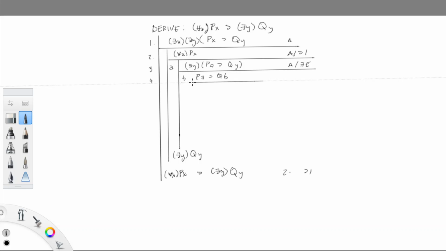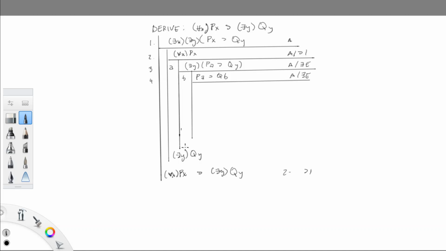So we have to start another subderivation. Let's carry this to about here. Okay, that's another assumption for existential elimination.